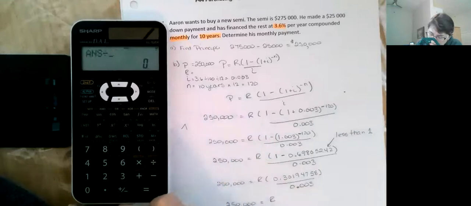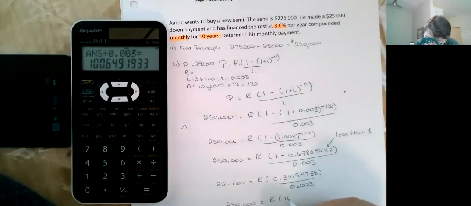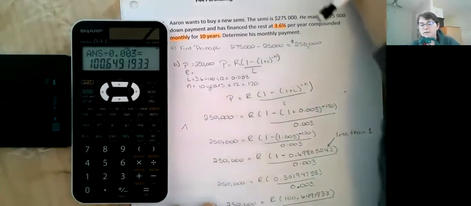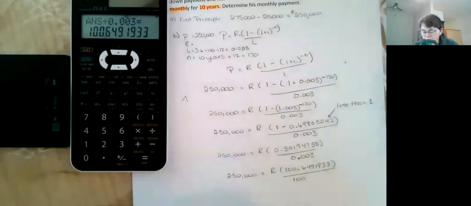That is 100.649193. I'm going to divide all the sides by that. Okay, there's 2 sides.